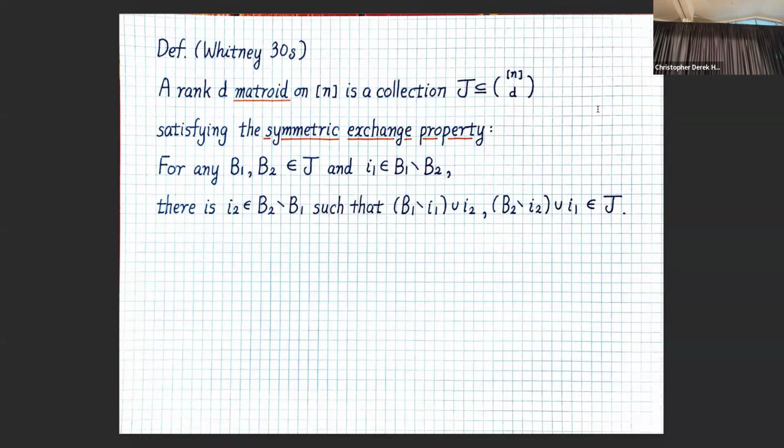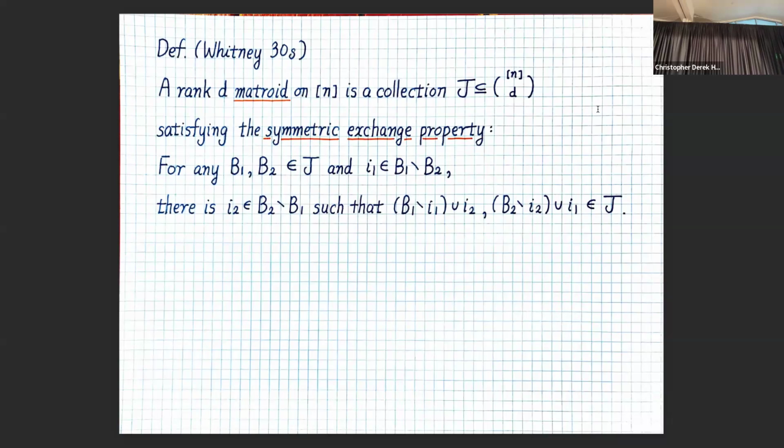For any B_1 and B_2 in the collection and any element i_1 in B_1 not in B_2, there is i_2 in B_2 minus B_1 such that B_1 minus i_1 plus i_2 is in the collection, and same for B_2 minus i_2 plus i_1.